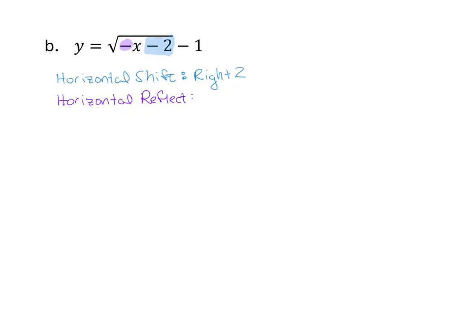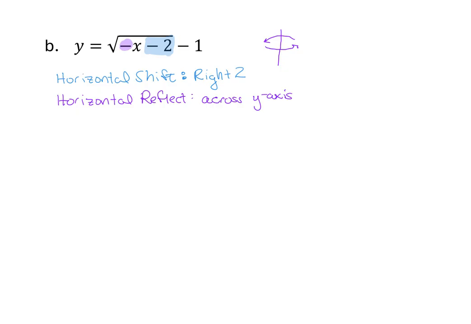Because it is a horizontal reflect, remember that we are changing our x values, which means all the points on the left go to the right, all the points on the right go to the left, and we are reflecting across the y-axis. All right, that takes care of our horizontal reflect, and that's all we have in terms of our multiplying.